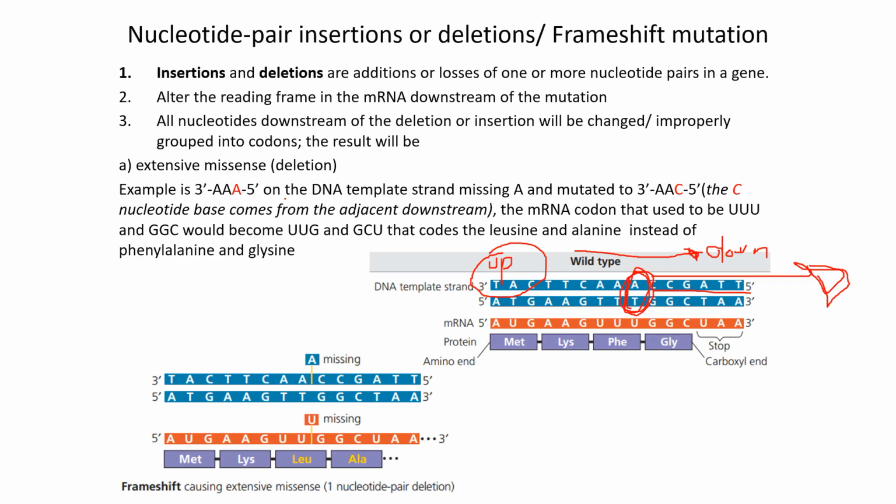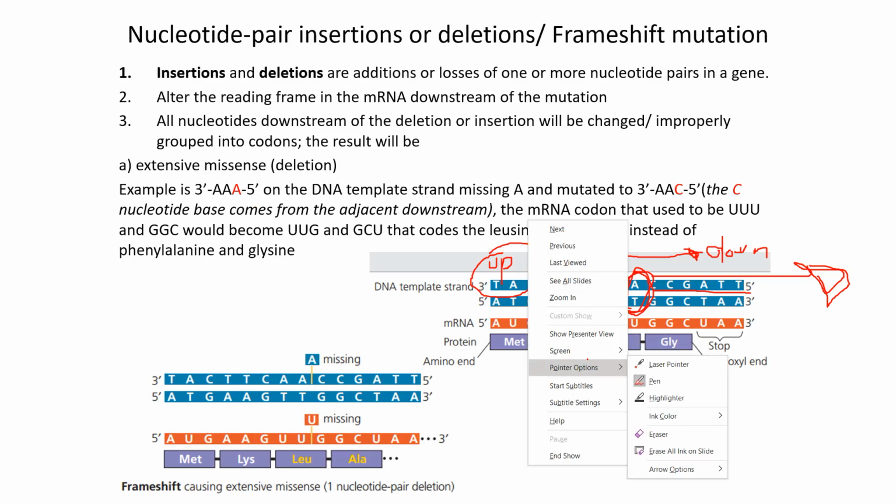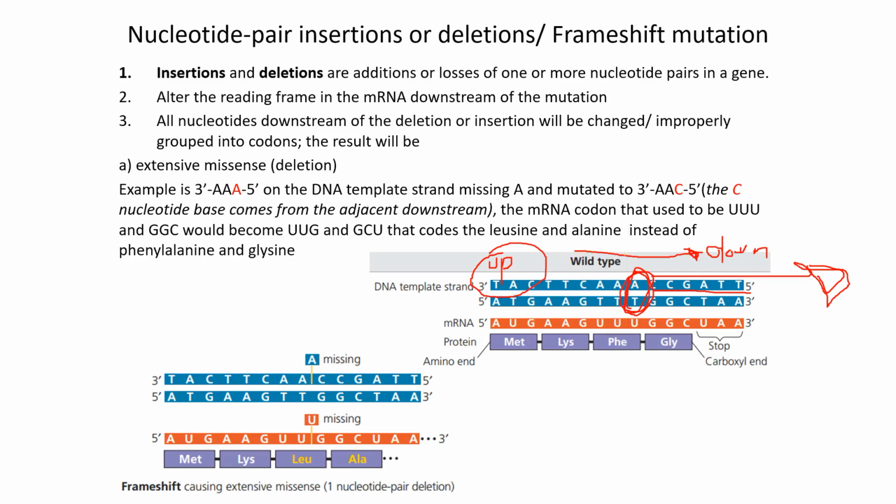Now, extensive missense occurs when there is a deletion of a base pair or base pairs. Example is AAA on the DNA template strand. Let me change the color of the pointer. Now the example is the AAA. This AAA on the DNA template strand loses or is missing one A here. What happened?